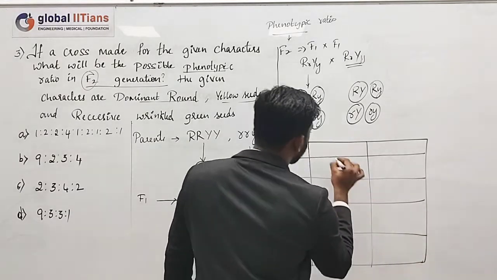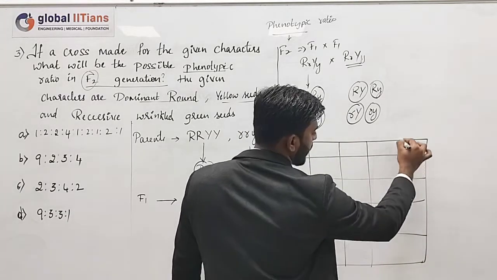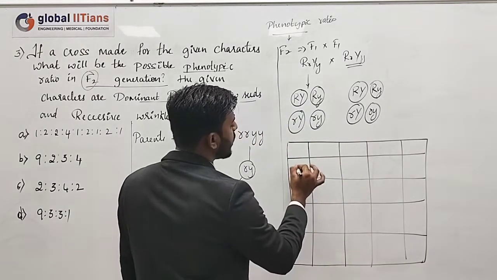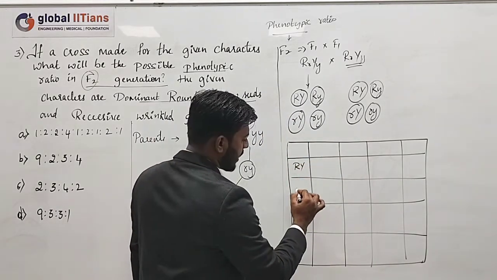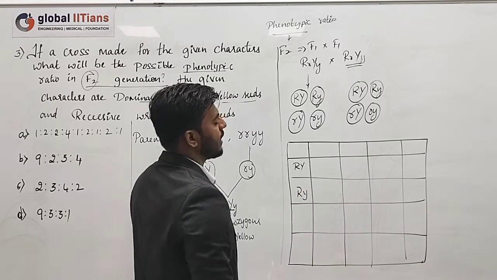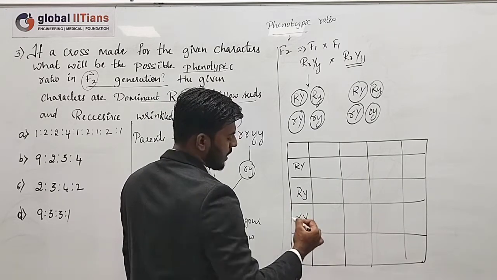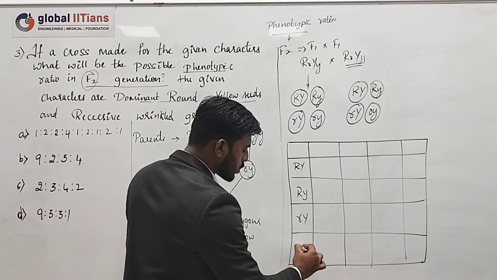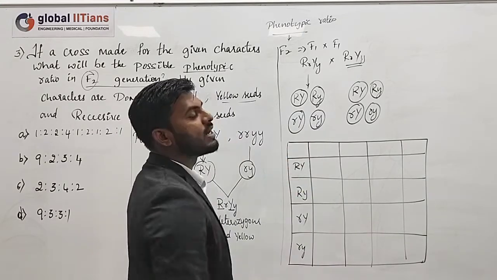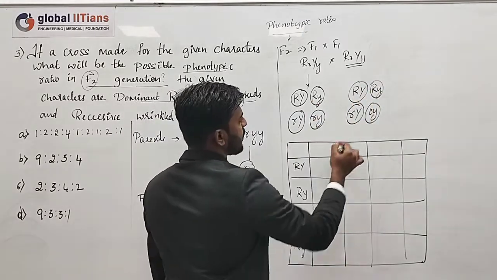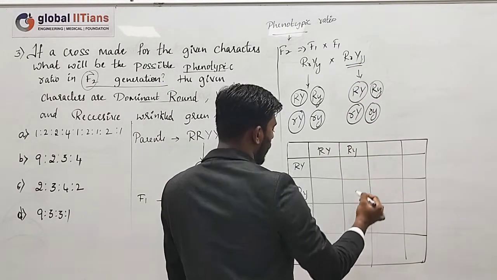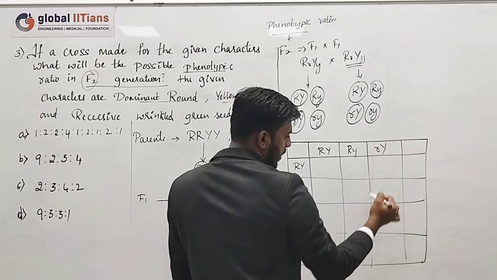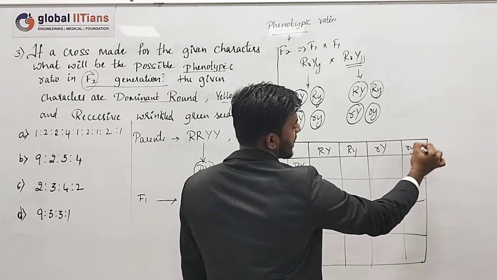One parent at the top: capital R capital Y, capital R small y, small r capital Y, small r small y. Now we'll write the other parent here: capital R capital Y, capital R small y, small r capital Y, small r small y.